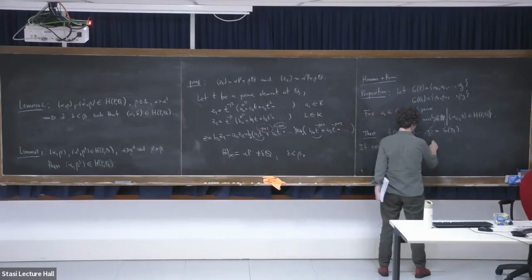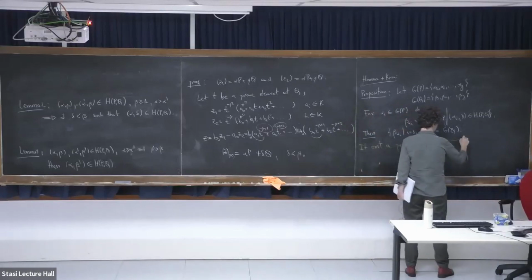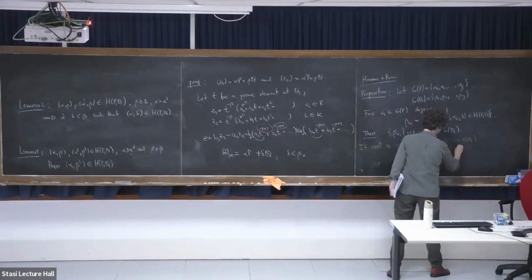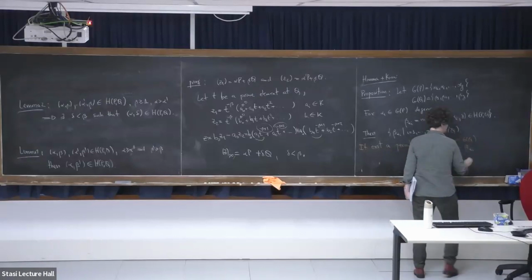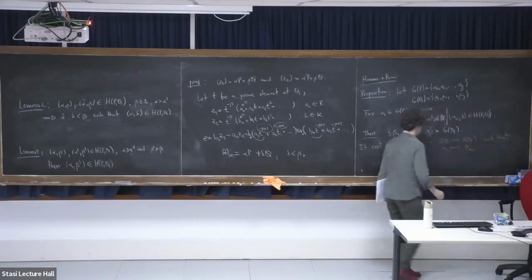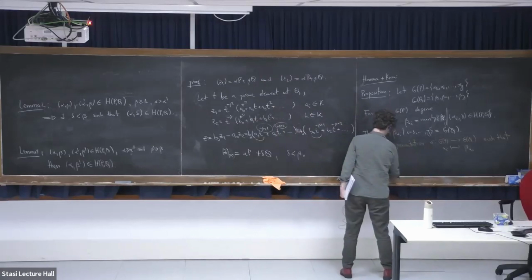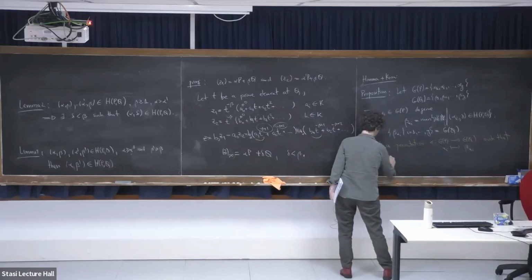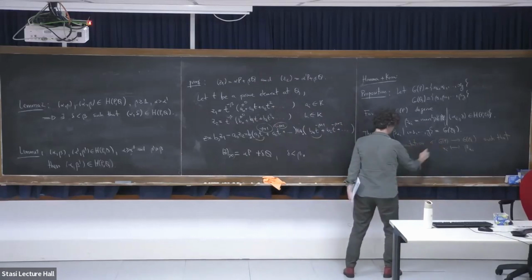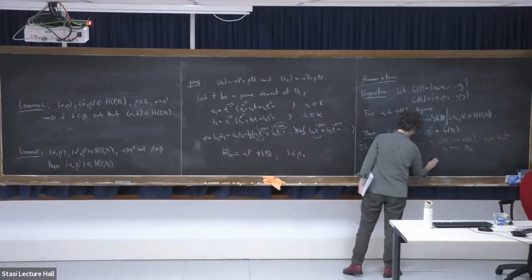Let's say sigma, which takes alpha i to beta alpha i, such that if you look at the graph of this permutation, the graph we are going to call gamma. This is just the graph of the function, so the set of the pairs alpha i, beta alpha i.